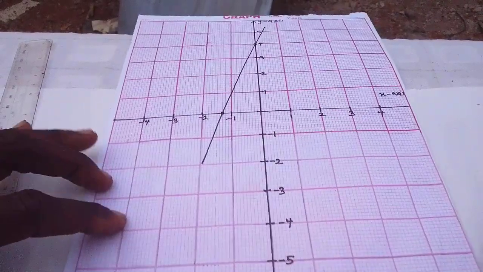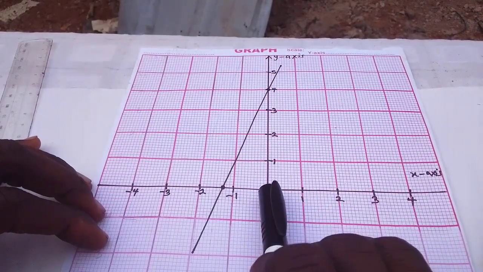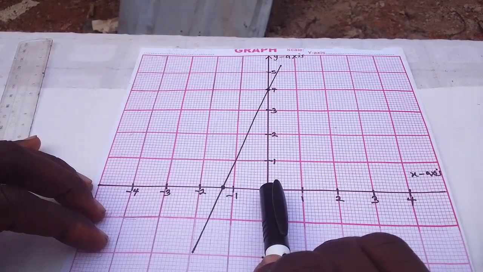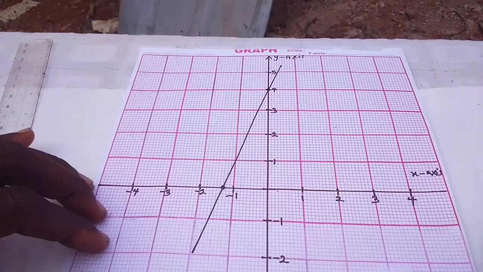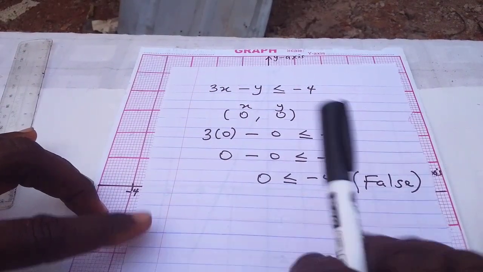We picked the point when x is 0, y is 0 from this part of the graph, and that statement is false. 0 is greater than minus 4.